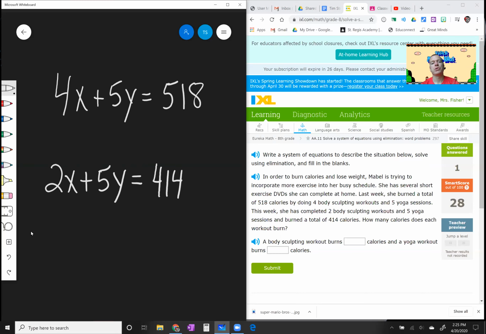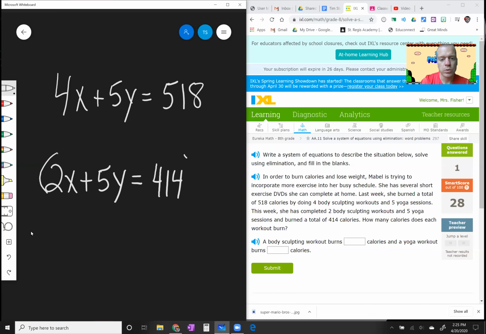Okay, so once again, you need to get one of these to be the opposite, right? You could multiply this equation by -2, and that would make this then -4x. Or since these are already 5y and 5y, let's just do times -1 again.